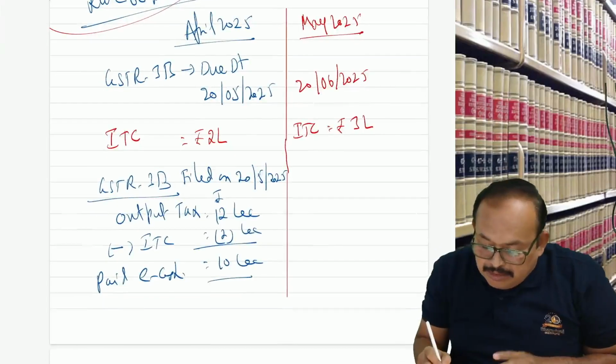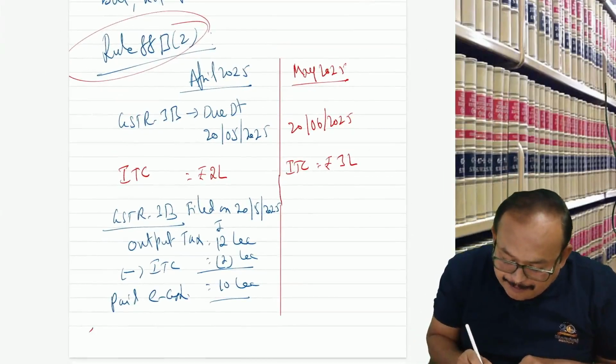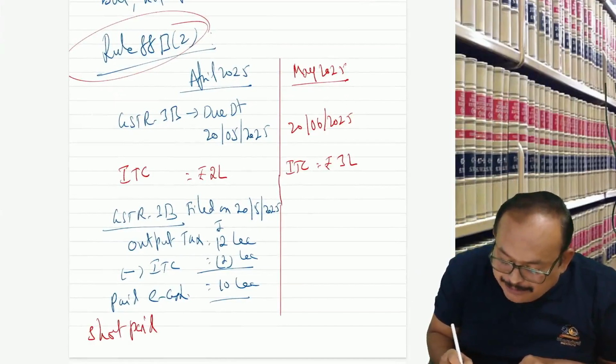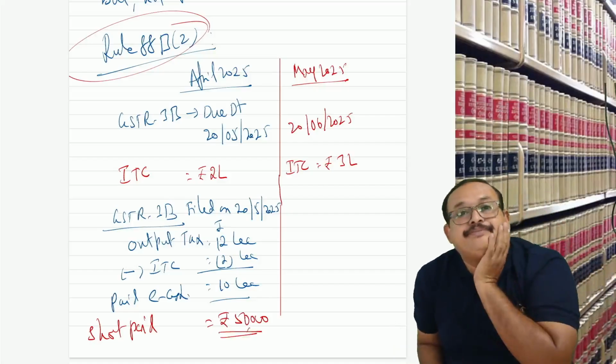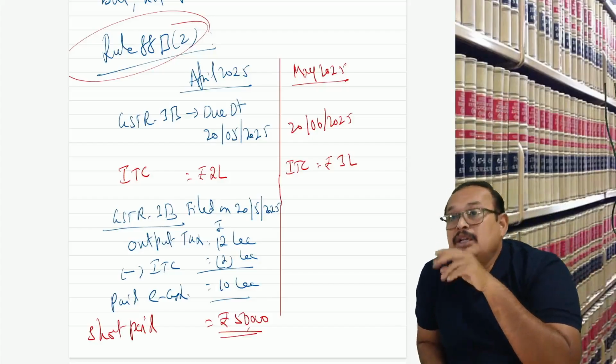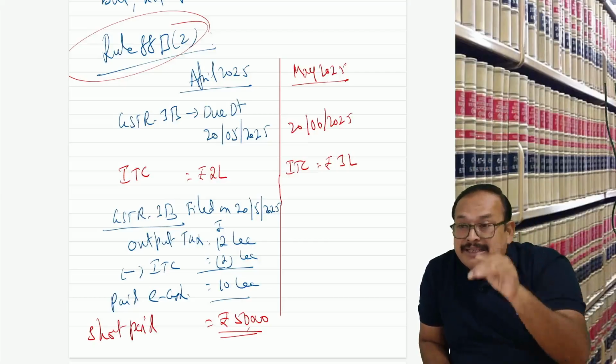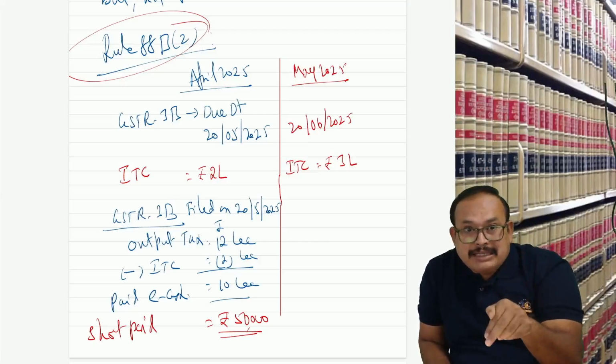Now, department came to know that here you short paid rupees 50,000. Why? You are liable to pay 12 lakh 50,000, deducting 2 lakh ITC.